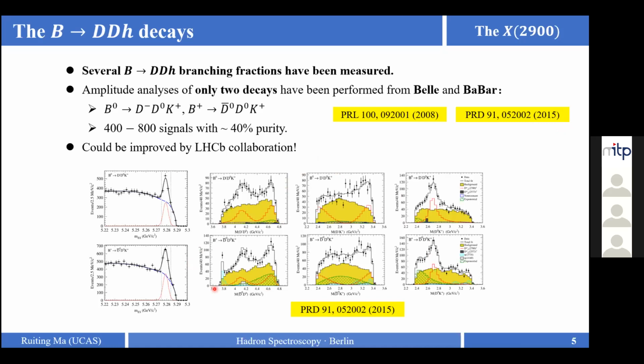The bottom plot shows the result from the BaBar analysis. They have about 400 to 800 signals with about 40% purities. So we could expect that this result could be improved by the RCP collaboration, since we have large statistics and high vertex and momentum resolutions to suppress combinatorial background.